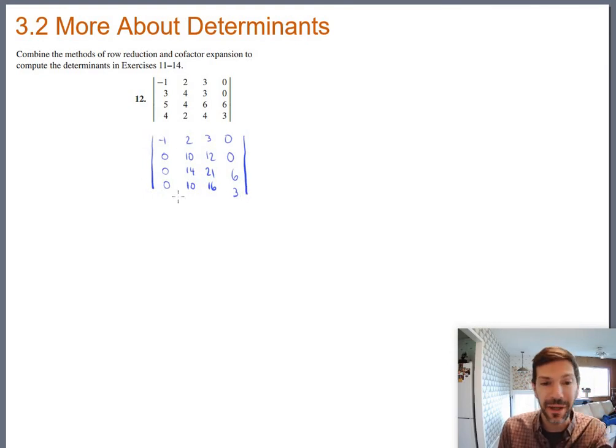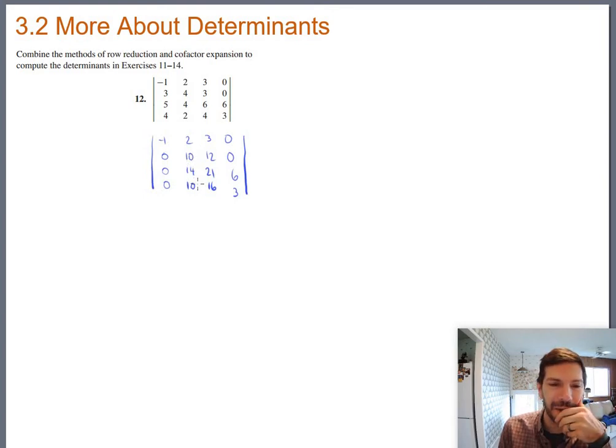So now I've got an even better column to do a cofactor expansion on. I'm thinking about how much more row reducing I want to do. I could just go cofactors right here. I'm not loving the idea of clearing out this 14 because that would require negative 14 tenths times row 2 added to row 3.